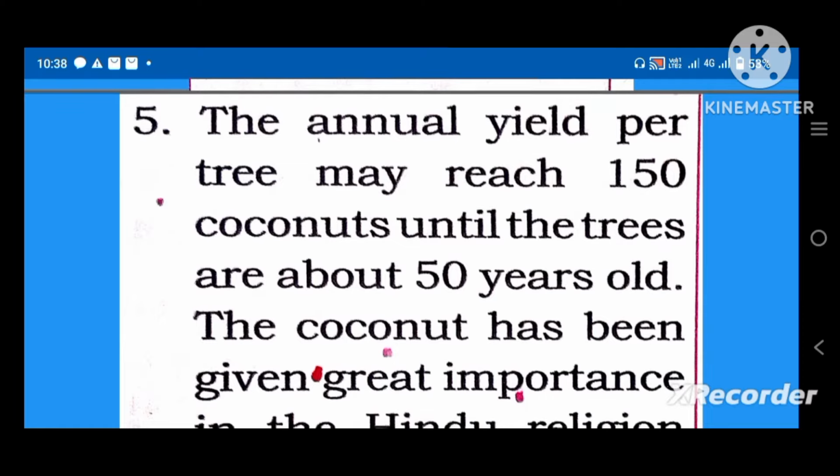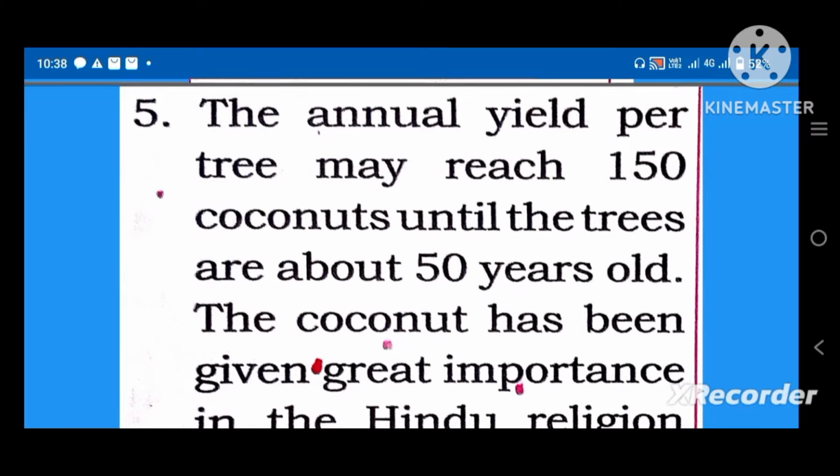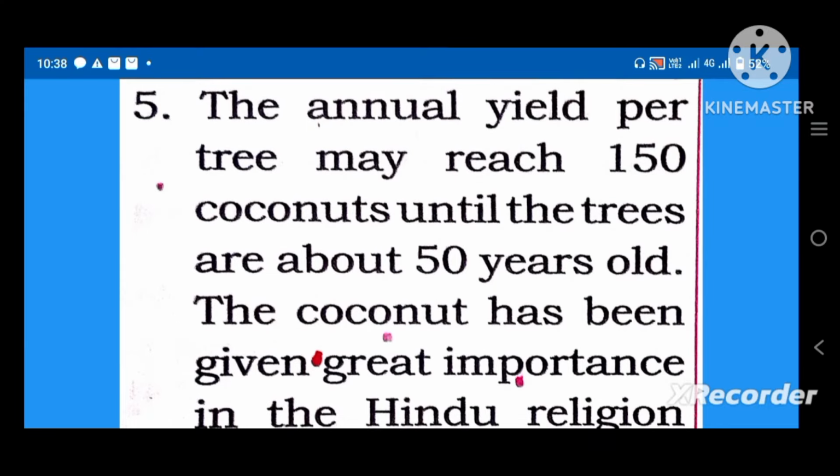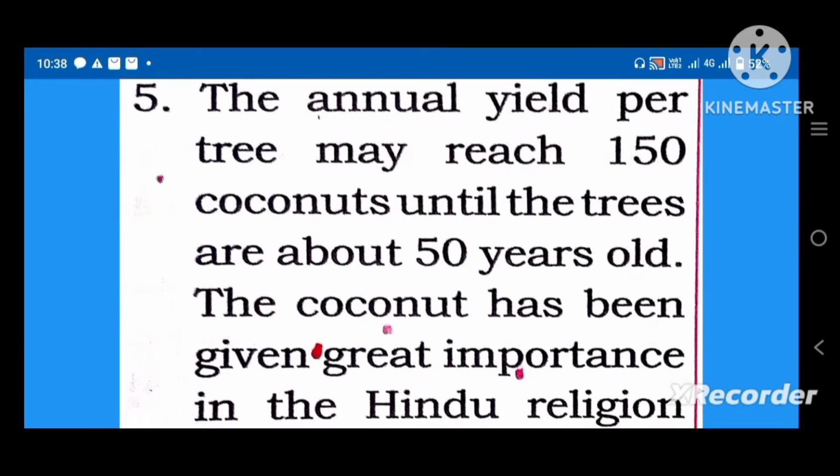The annual yield per tree may reach 150 coconuts until the trees are about 50 years old.